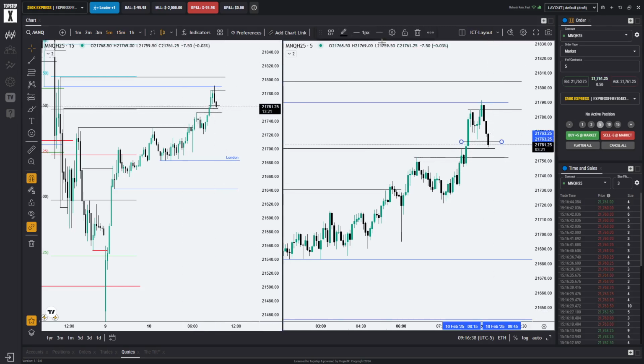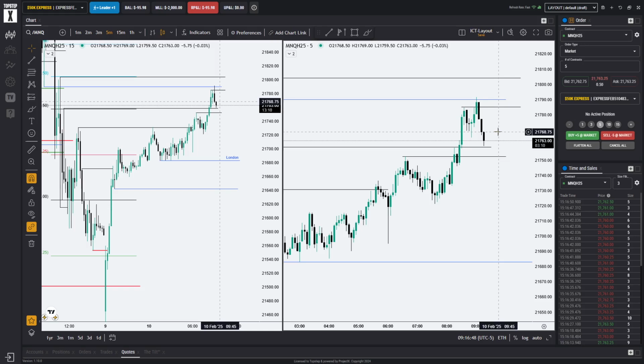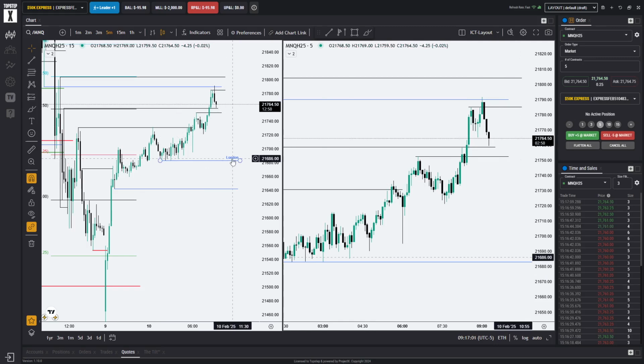God, I hate this when I'm thinking to short and then it's just walking away without me. 13 minutes till open. So target would be London low, I think, for potential short.